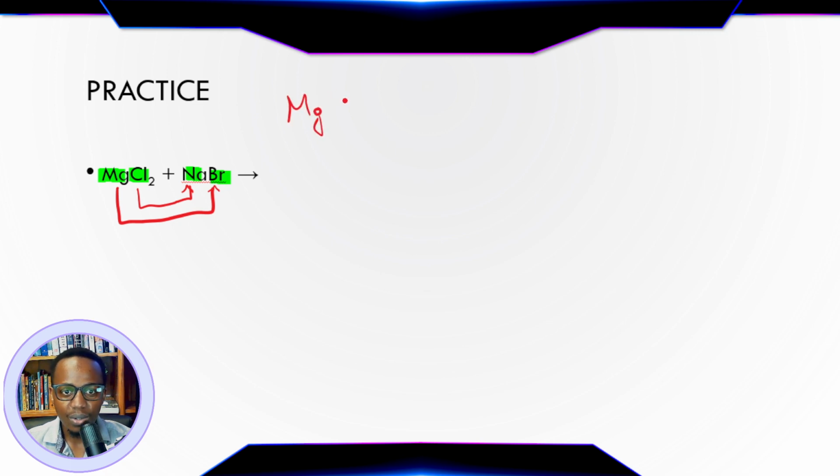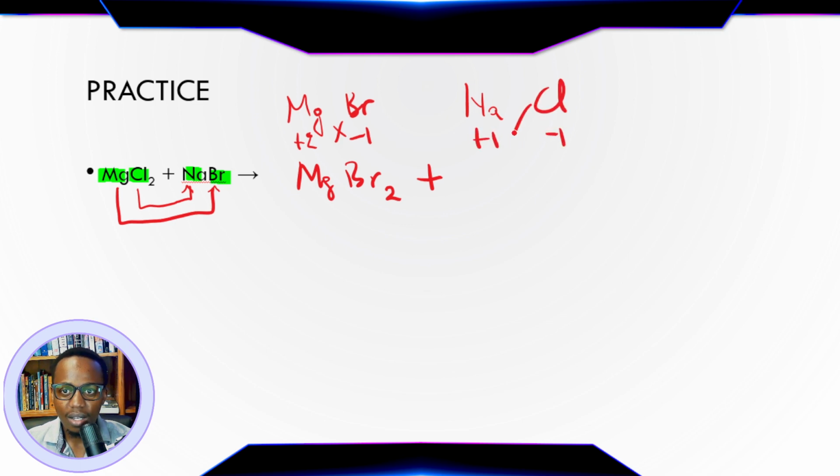Mg is going to go with Br in this case. Mg is plus 2, Br is -1, so it's going to be MgBr2, and then Na is going to go with Cl. Na is plus 1, Cl is -1, so it's going to be NaCl, right?